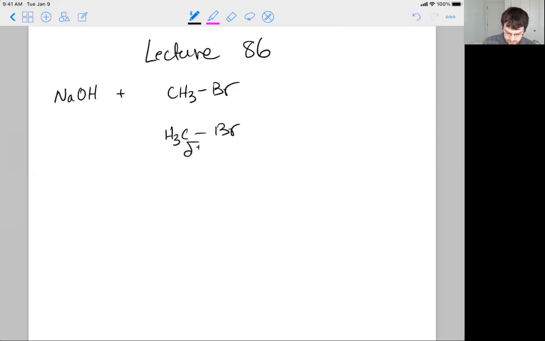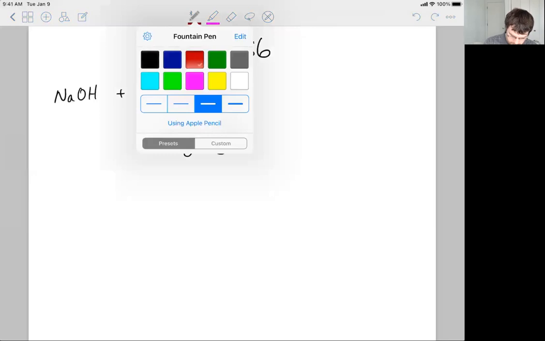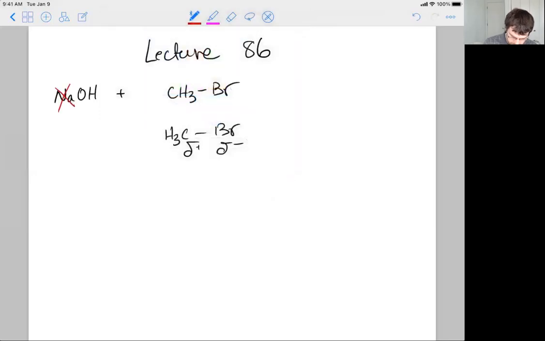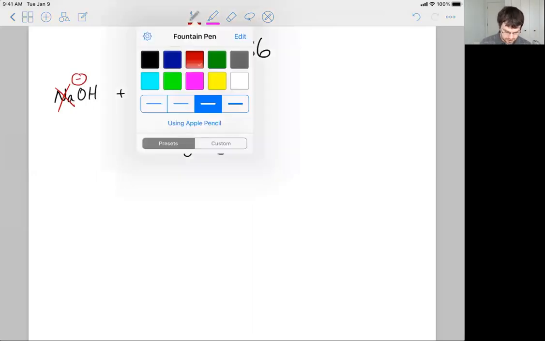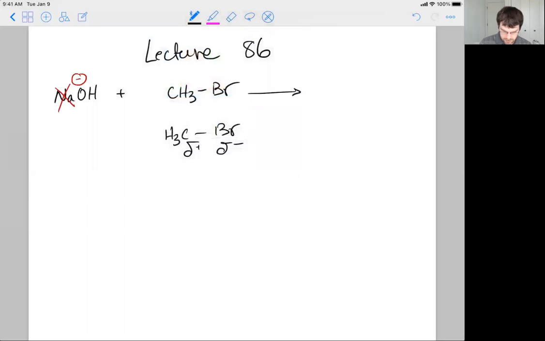We have delta plus, delta minus, and what's happening in this reaction is the sodium hydroxide, when it's added to a solvent, which I could write over an arrow, is going to dissociate in the presence of an appropriate solvent like DMF, for example, which I could include the structure of.